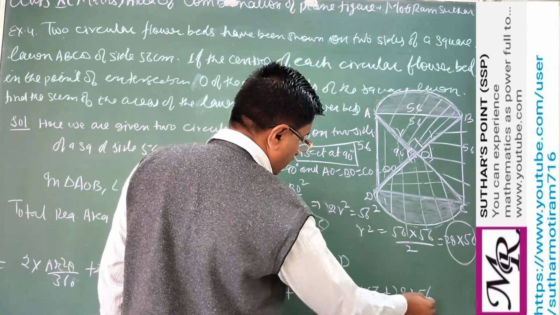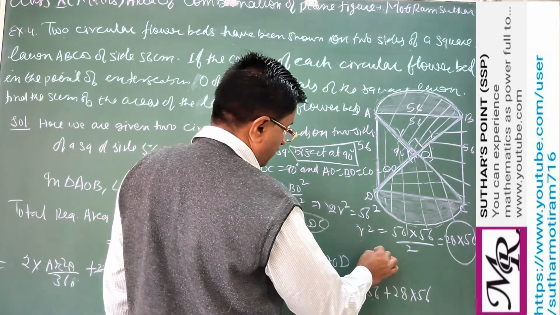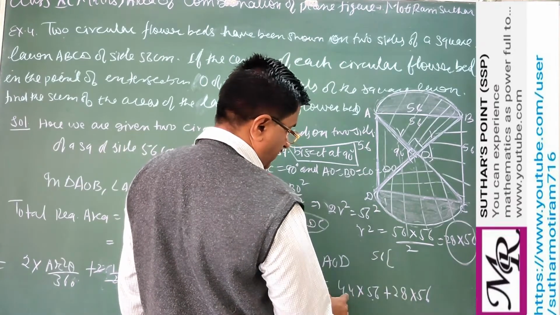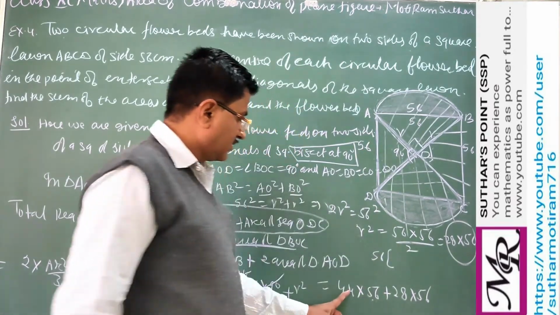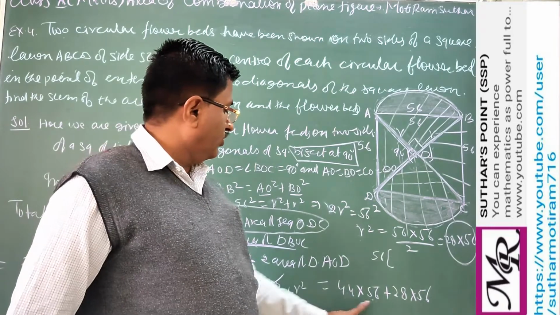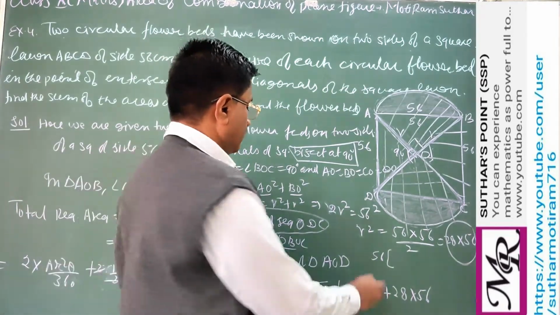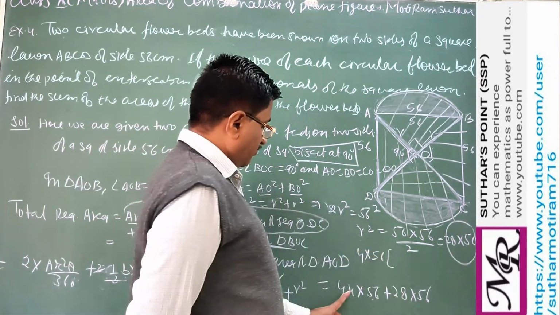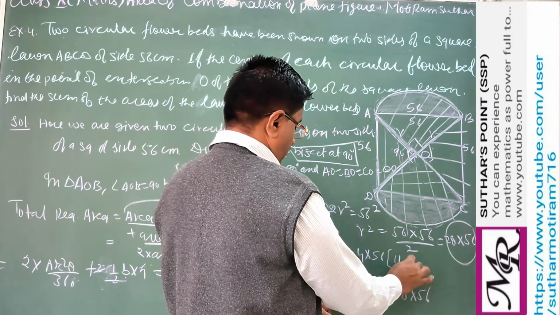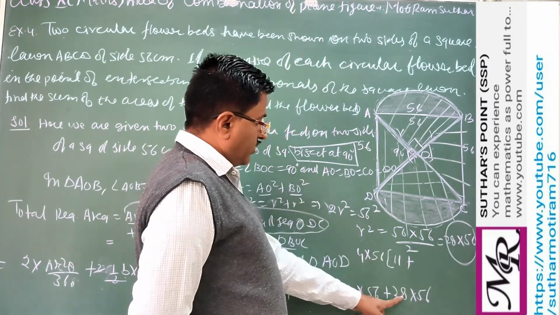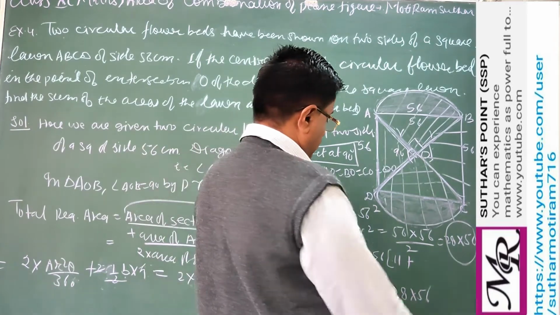Now you can take 56 common and simplify. If you take 56 common, then 28 is left here, and 4 can also be taken common, so easy calculation is there. So 4 into 11 for the 44, 56 we take outside, and 28 divided by 4 is 7.